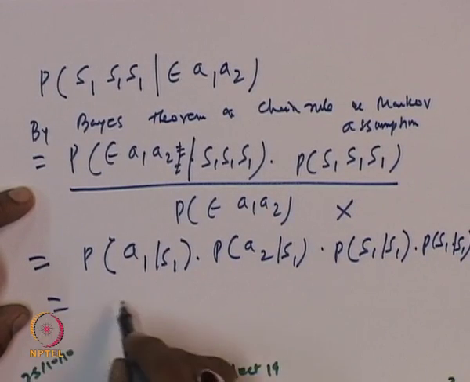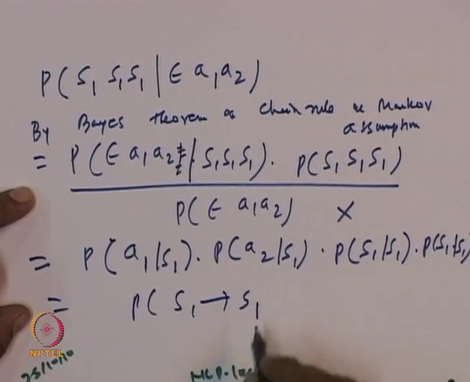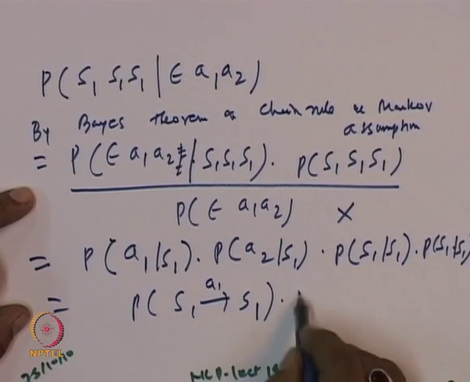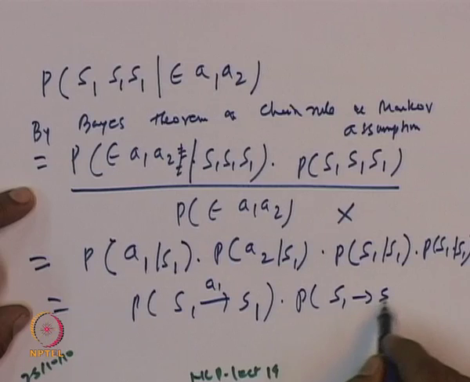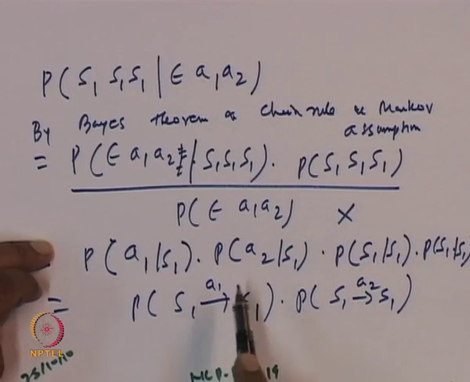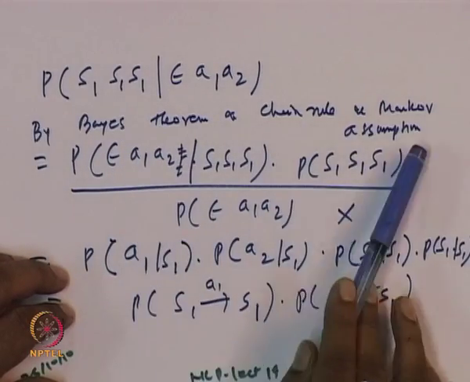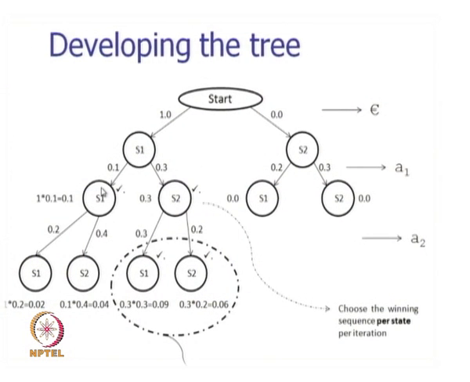So, we can take the product of these probabilities and compute the probability of the sequence. This is due to the application of Bayes theorem, chain rule and Markov assumption. Looking at the slide once again, the sequence probability can be found simply by multiplying the transition probability with the accumulated probability so far.